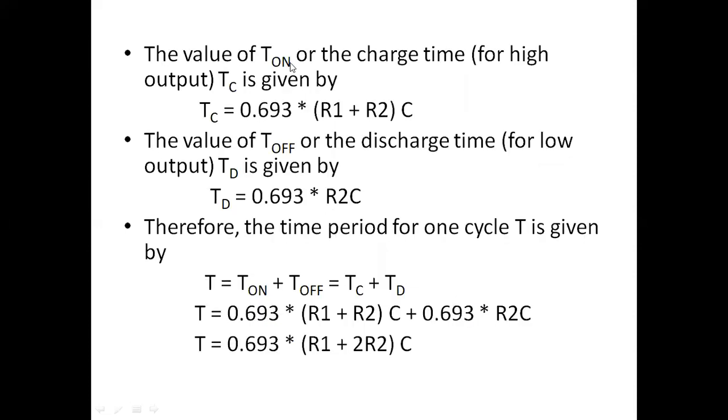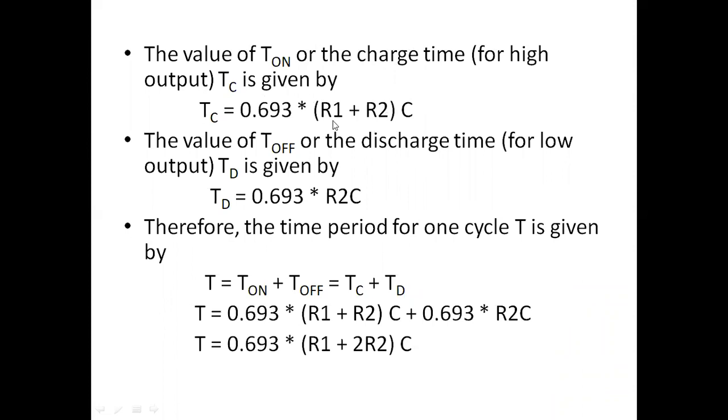So the value of on time, that is charging time, is given by 0.693 into (R1 + R2) into C. While charging, the capacitor charges towards VCC through the resistances R1 and R2.